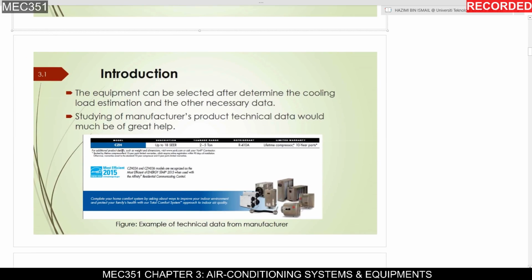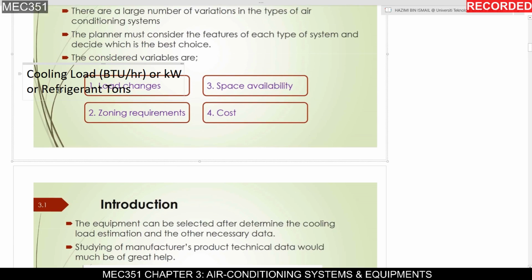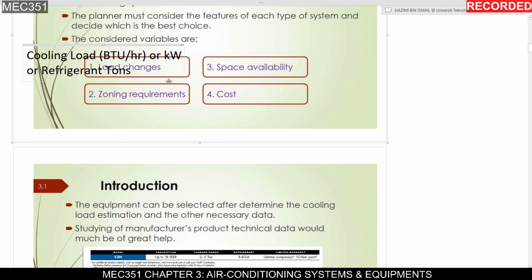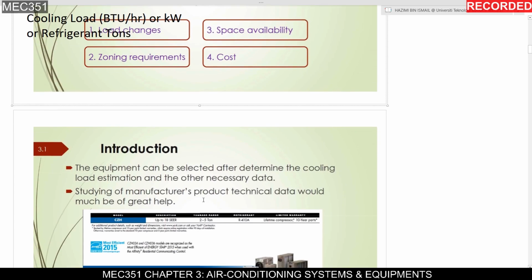Okay, so the equipment can be selected after determining the cooling load. That's what I mentioned earlier, cooling load. It is one of the first things that should come to your mind before you choose the aircon system. The equipment can be selected after determining the cooling load estimation and other necessary data.